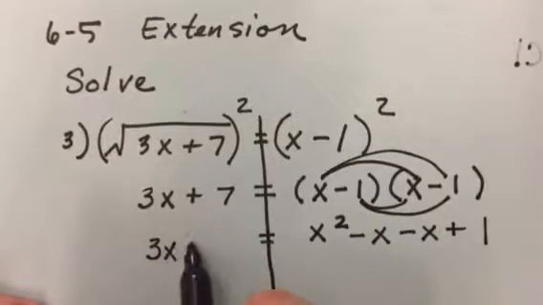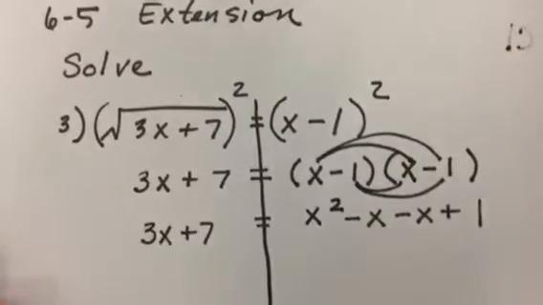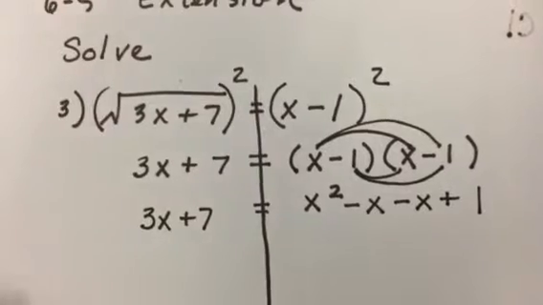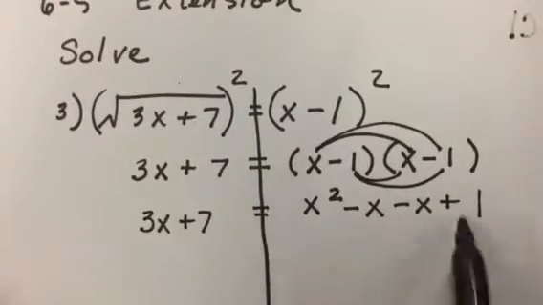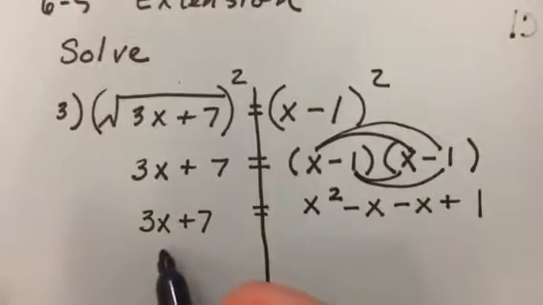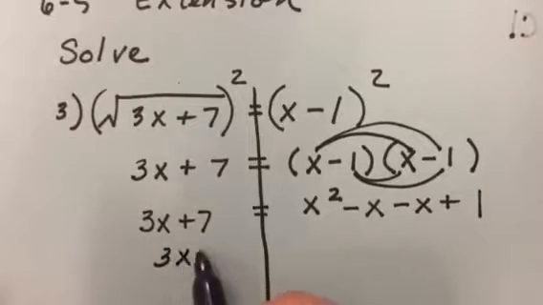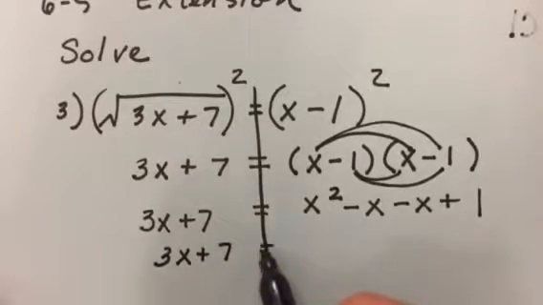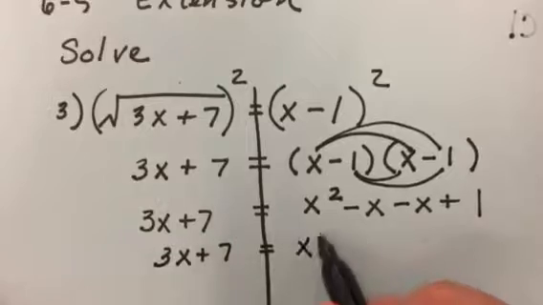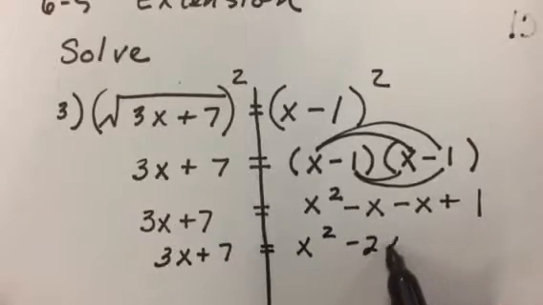So now let's look at what we have. We've got 3x plus 7 equals x squared minus x plus 1. Well, now let's see if we can simplify the right side. We still keep this 3x plus 7, but simplifying the right side, we'll have x squared minus 2x plus 1.